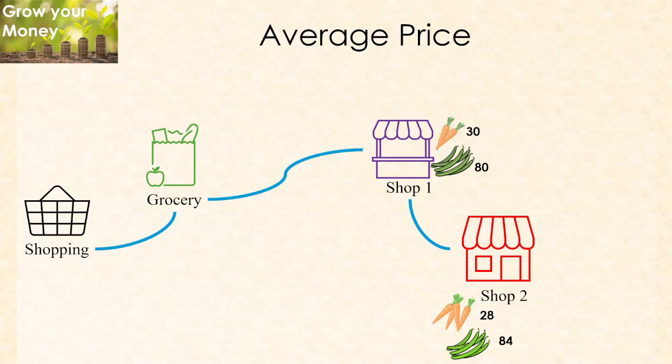And nowadays you can also look online and see that the carrot is 32 and beans is 90. So you will map that the carrot may be moving between 30 to 32 and beans between 80 to 90. So you will be okay to buy beans and carrot somewhere between these ranges.